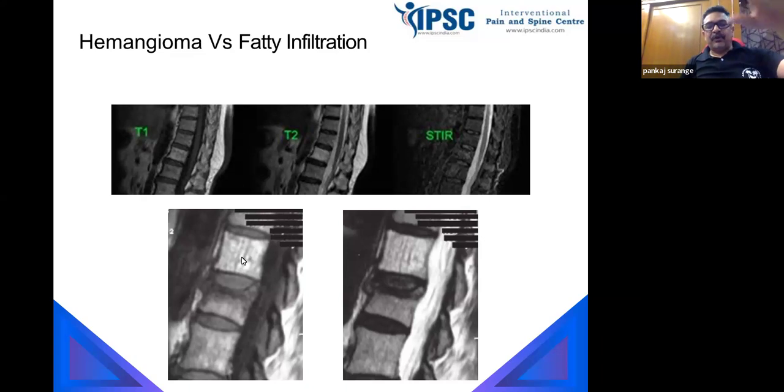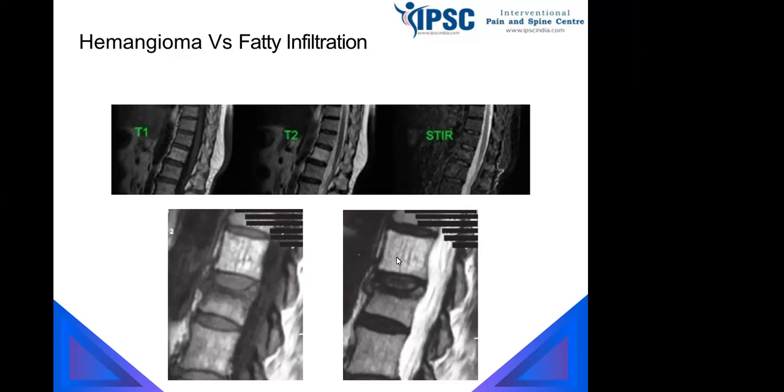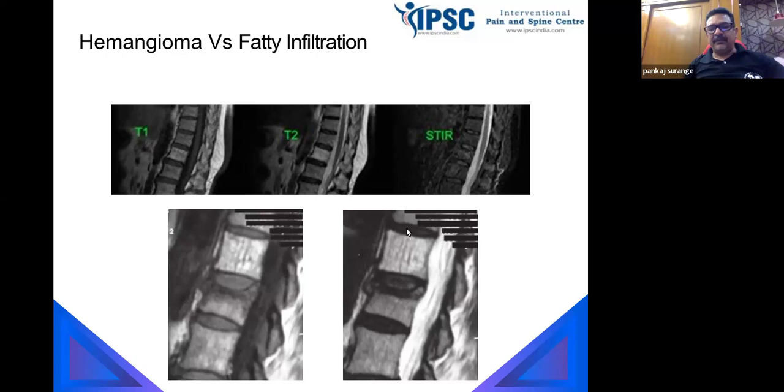Looking at this whiteness inside the vertebral body, you can see some black linings, right? Can you make out those linings inside? Such linings within the vertebral body along with whiteness are a sign of hemangioma. Whereas if it is fatty infiltration, it will be a diffuse white without these linings inside.